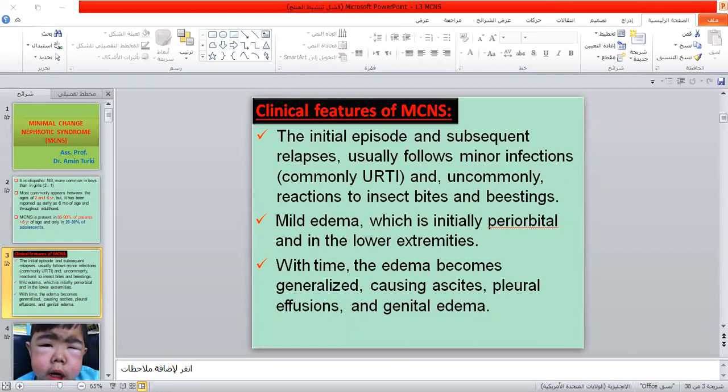قلنا universal finding of the nephrotic syndrome هي الإديمة. الإديمة start as mild edema, which is initially periorbital and in the lower extremities. But with the subsequent days, the edema becomes generalized, causing ascites, pleural effusion, and genital edema if it is not treated.